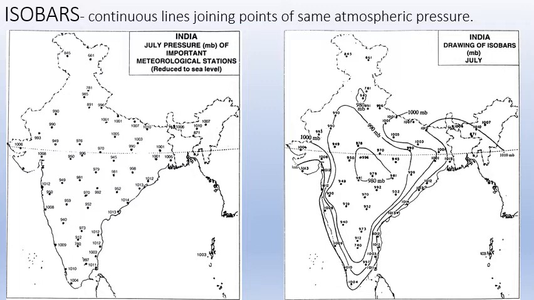Just like contour lines, where we connect points of same altitude across different regions and get an imaginary line that tells the altitude of the whole place, in the same way, if we measure different pressure points and connect the points of same pressure, we'll get continuous lines. These continuous lines are called isobars.